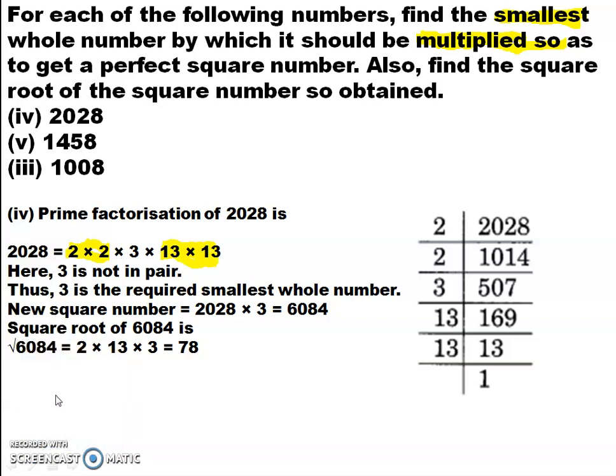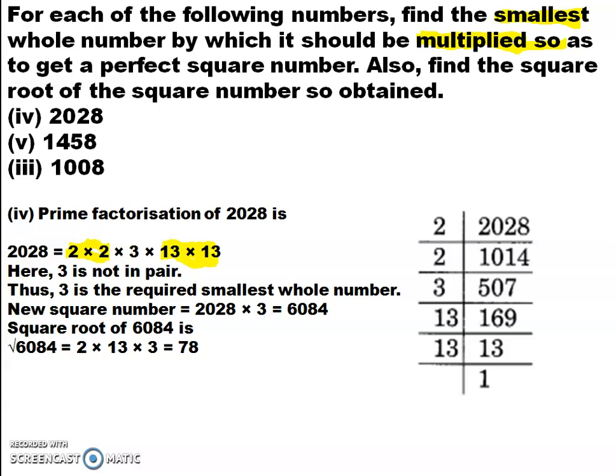So which will be the number to be multiplied? If you want to get the pair for 3, which number should you multiply? Of course, it is 3. Then only you will get the pair of 3.